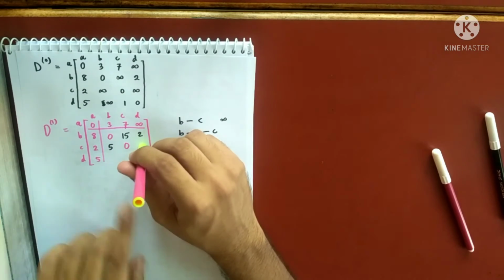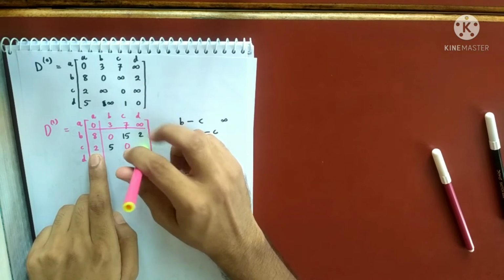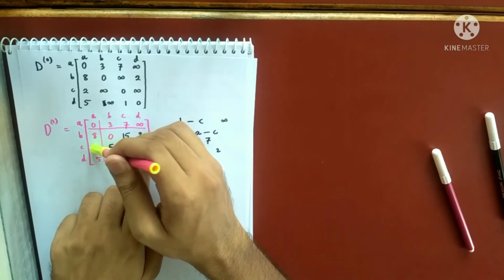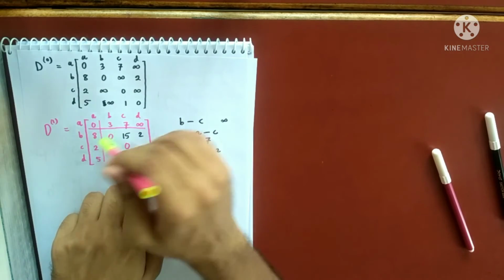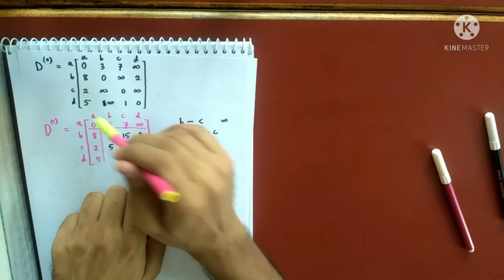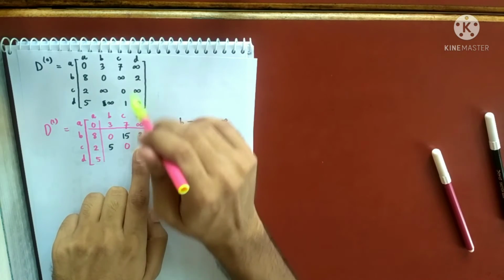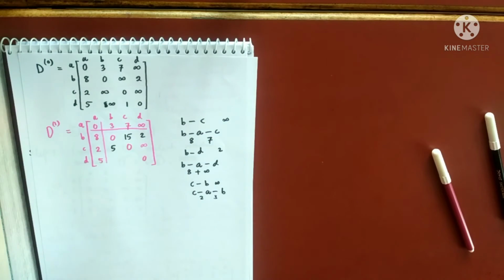What will be here? 2 plus infinity, or the minimum of the previous one. This is the sum of this number and this number, C to A and A to D. So we add: 2 plus infinity is infinity. Initially it was also infinity, so no change here.